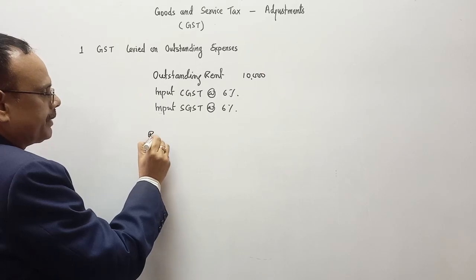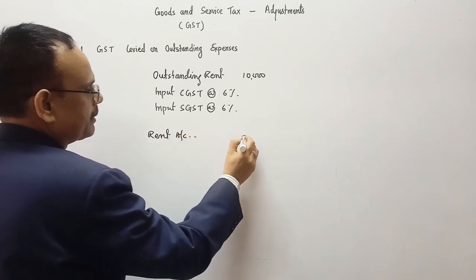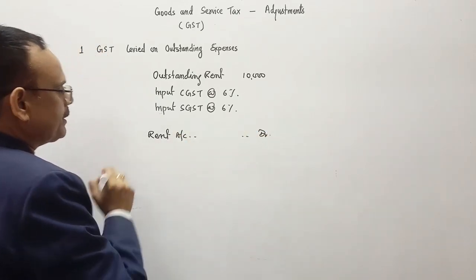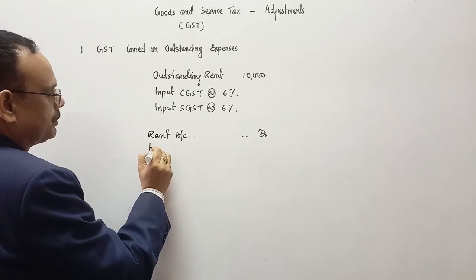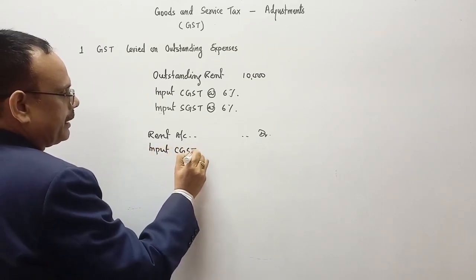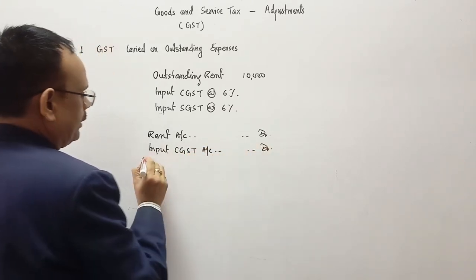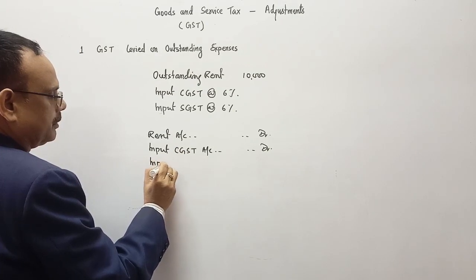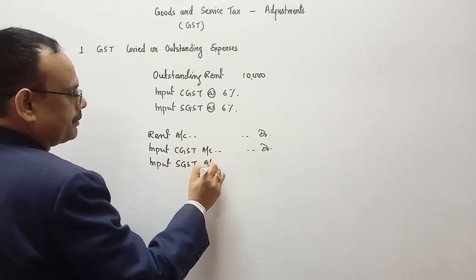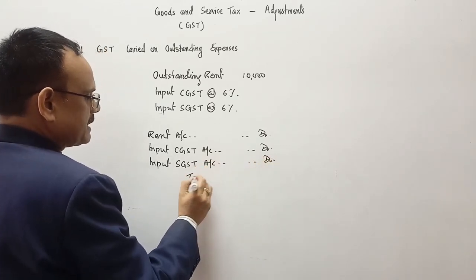Rent account debit, input CGST account debit, input SGST account debit, to outstanding rent.